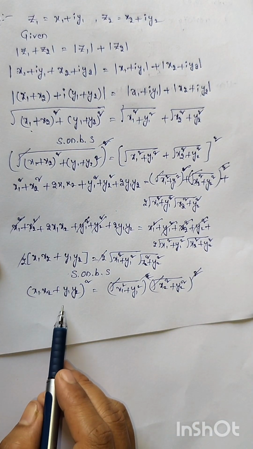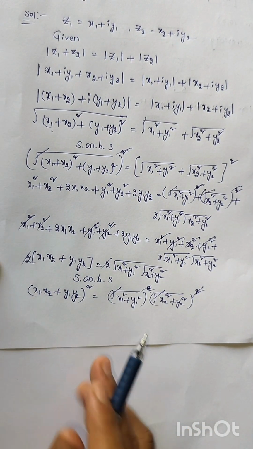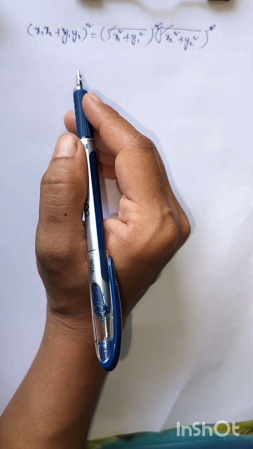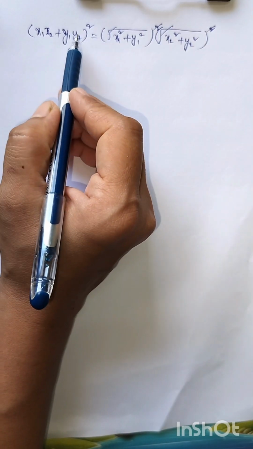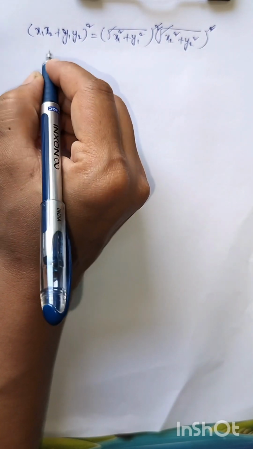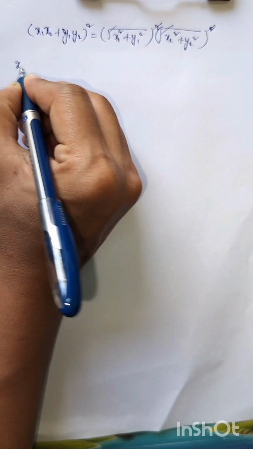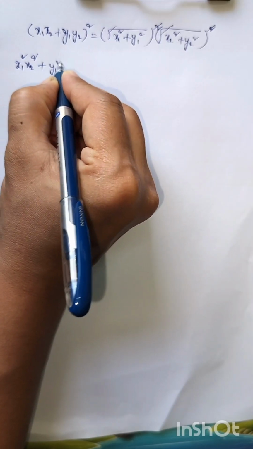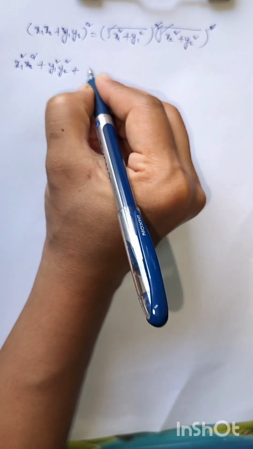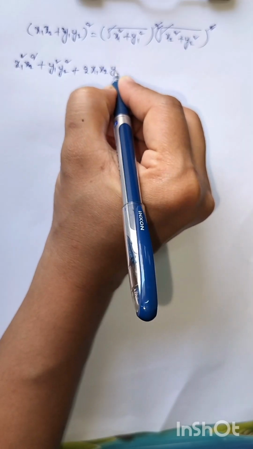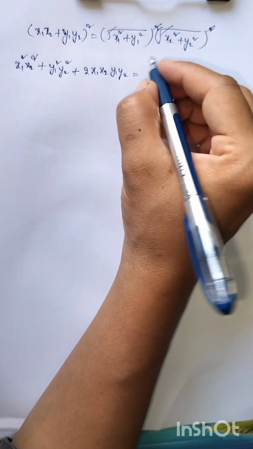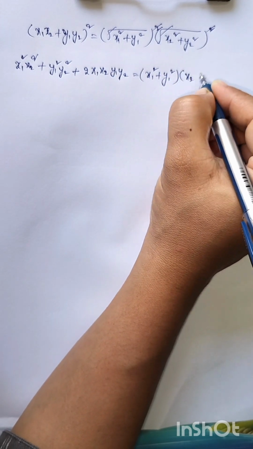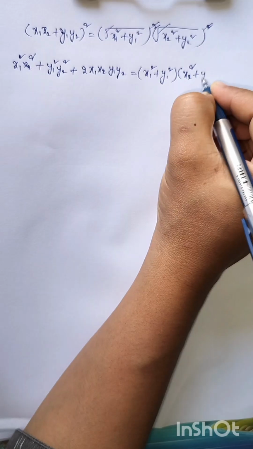This is again in a plus b whole square form: a square plus b square plus 2ab, x1 square x2 square plus y1 square y2 square plus 2 x1 x2 y1 y2 equals x1 square plus y1 square into x2 square plus y2 square.